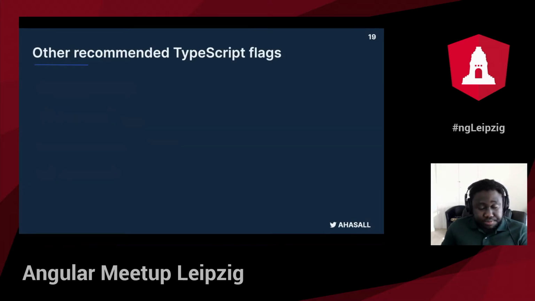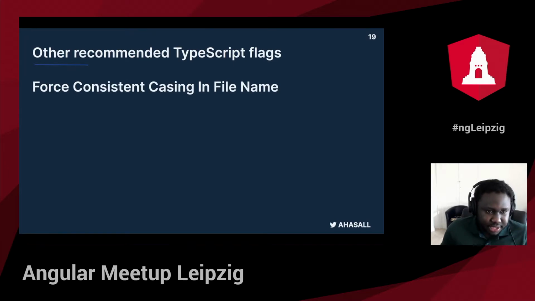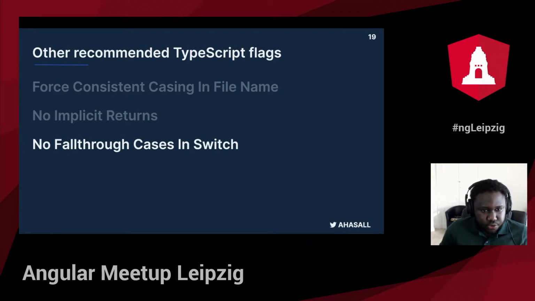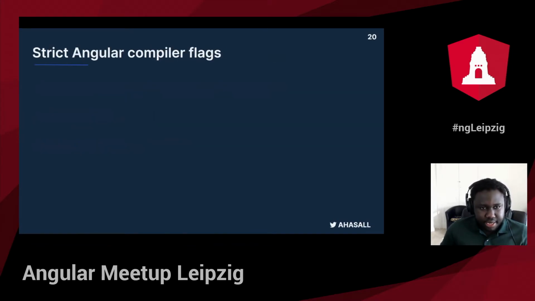So when you use Angular in strict mode, it will also enable some recommended TypeScript flags, like force consistent casing in file names. This will ensure that all your files have the same casing. No implicit return, no fallthrough cases in switch, and so on and so forth.